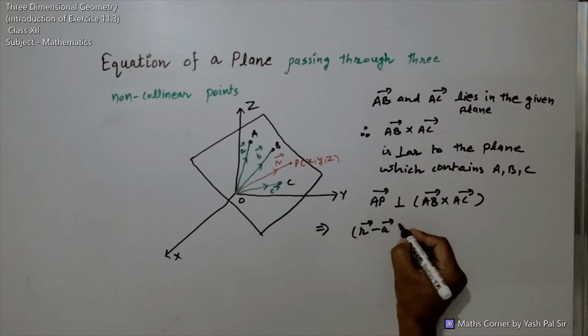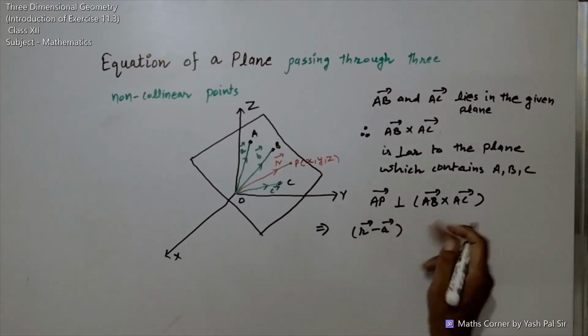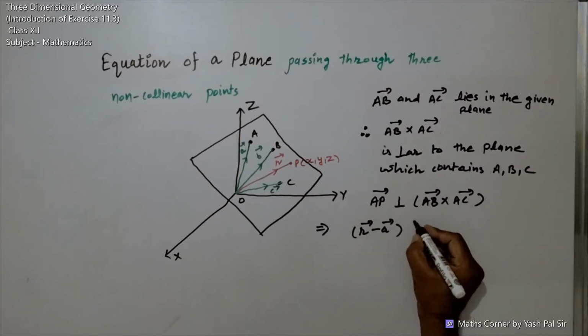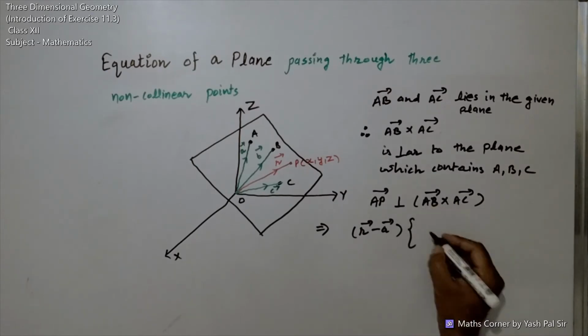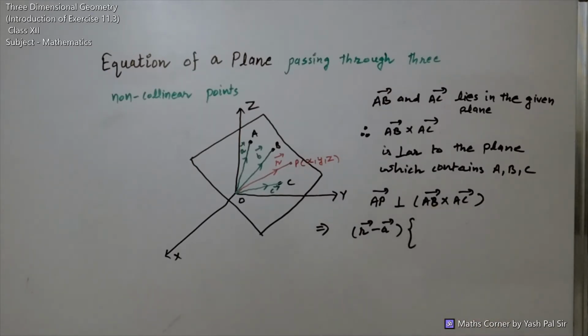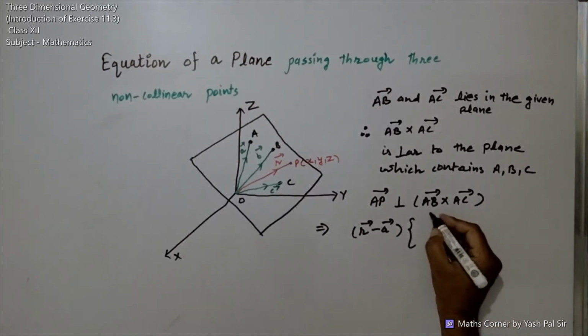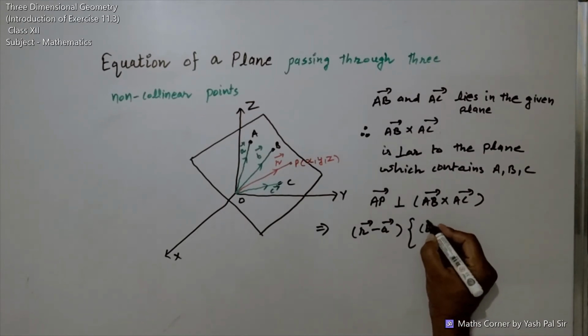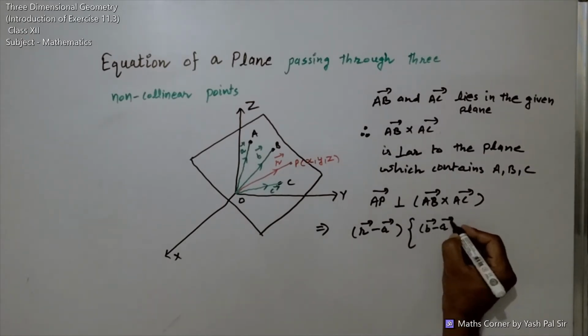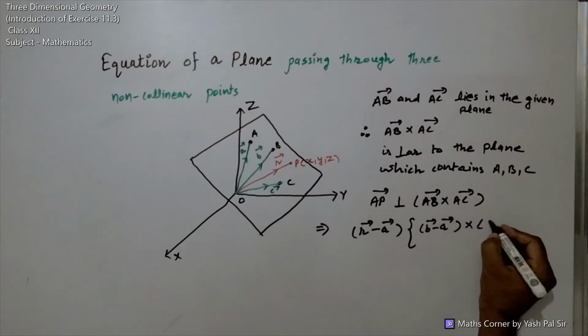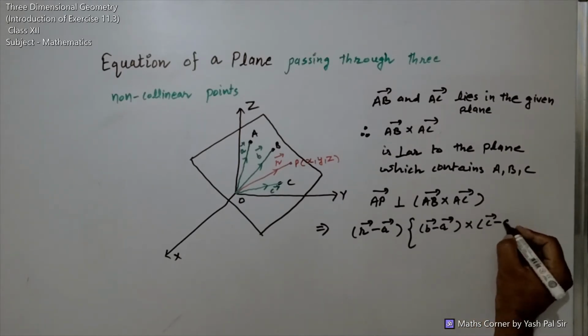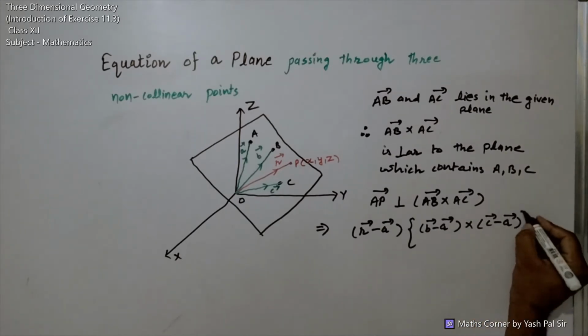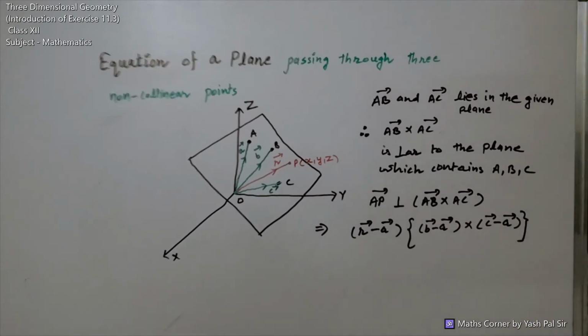This is R minus vector A. This is perpendicular to this. So we can write AB vector as cross product. How do we write? AB means vector B minus vector A, cross vector C minus vector A.